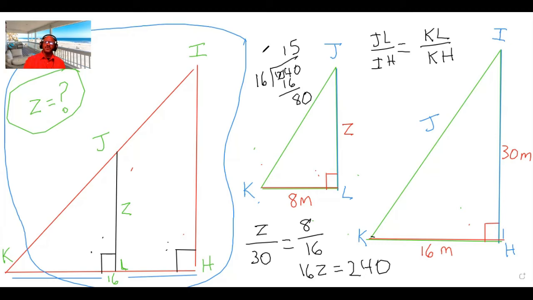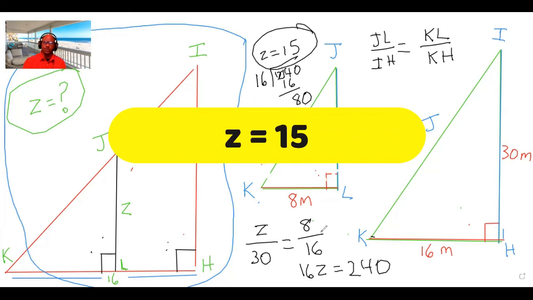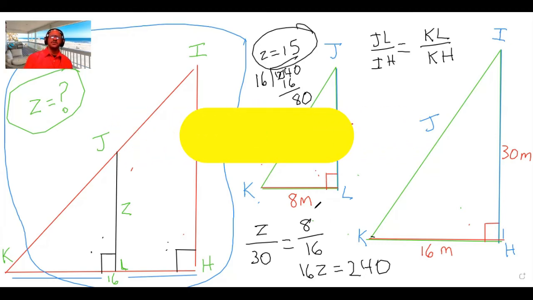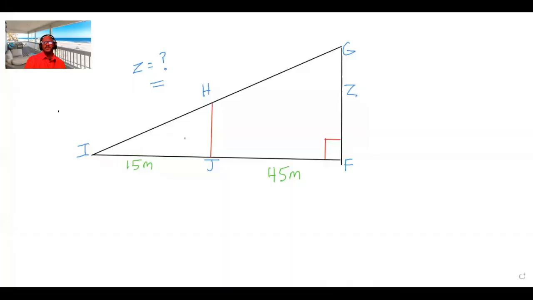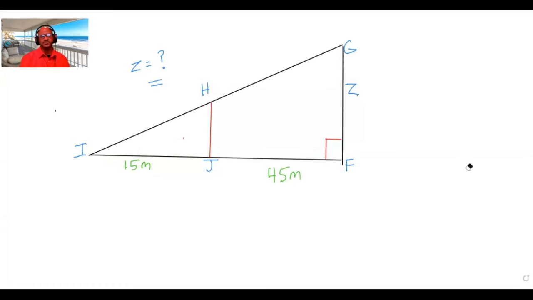And so if you had Z equals 15, you were totally correct. All right, we're going to do one more and we'll be done. For the last one, I want you guys to go ahead and work this one out yourself. Go ahead and pause the video and remember everything we learned today to solve this one.